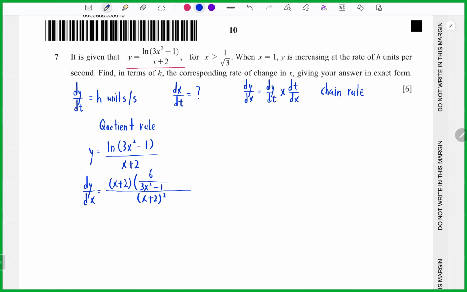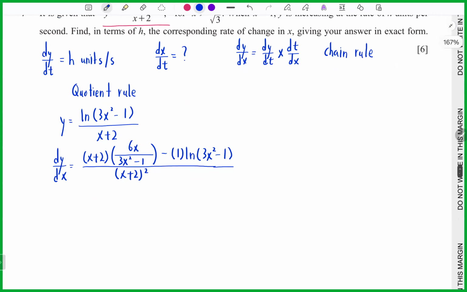Here you will get 6x here. Minus, okay, here is 1, ln(3x minus 2) minus 1. Okay, so I hope you can get it.